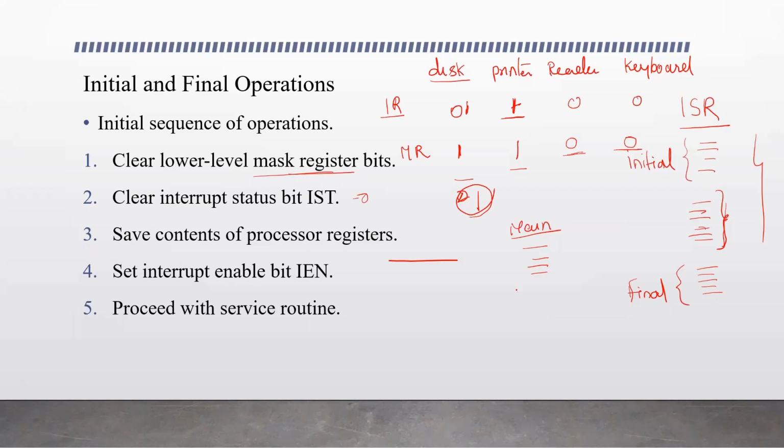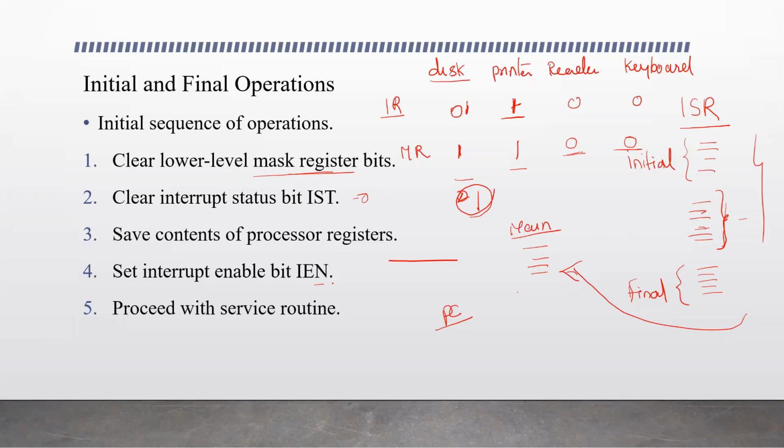Once this interrupt is serviced, the CPU has to return back to this main program, and this program may need all the values back that were stored in the registers. During the execution of the interrupt service routine, the instructions may alter the values of the registers. But once it returns back, we need the old values maintained by this program. So we store the values safely, and then set the interrupt enable bit, IEN.